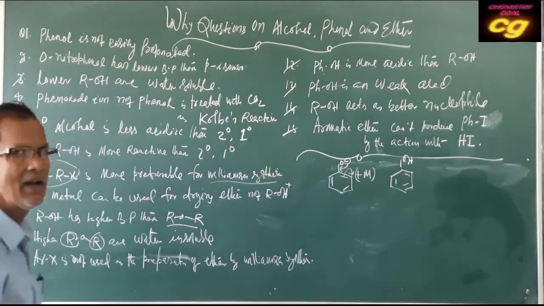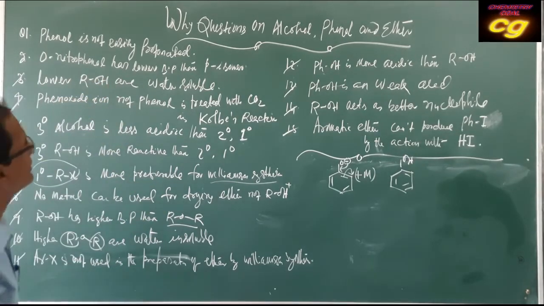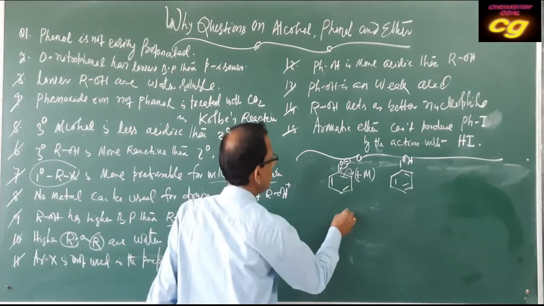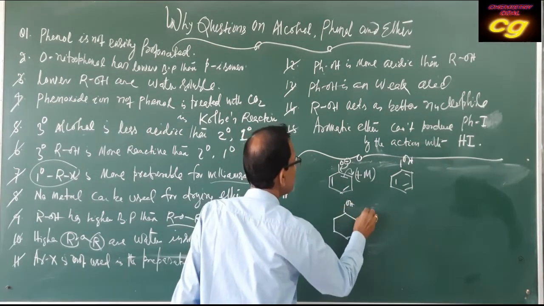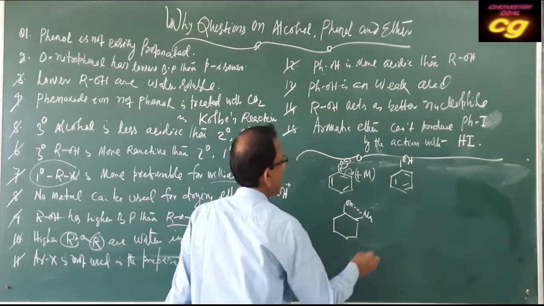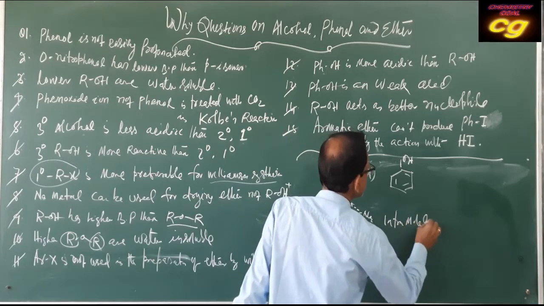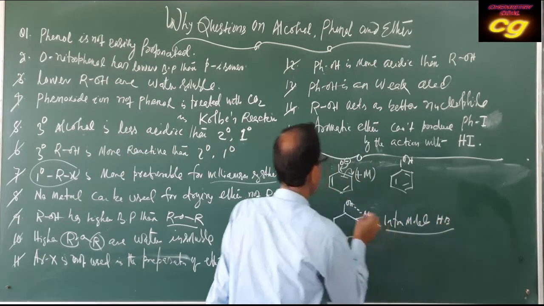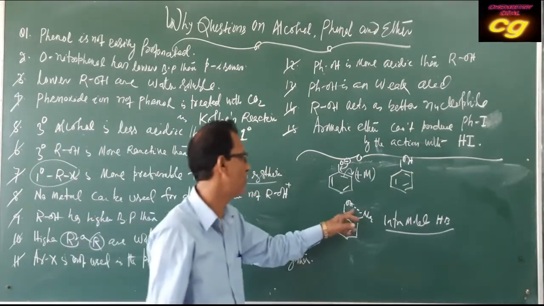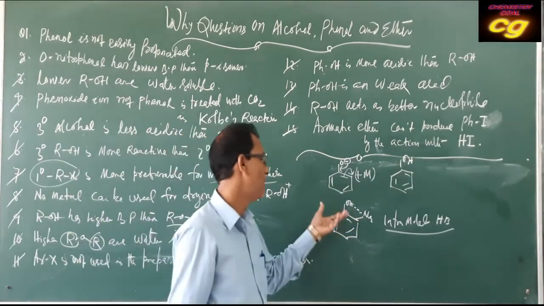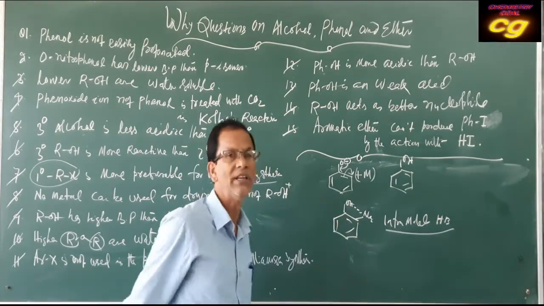Due to the hydrophobic alkyl group. Ortho-nitrophenol has a lower boiling point than para-nitrophenol because, if you draw the structure, ortho-nitrophenol has intramolecular hydrogen bonding. That's why the boiling point of ortho-nitrophenol is low.